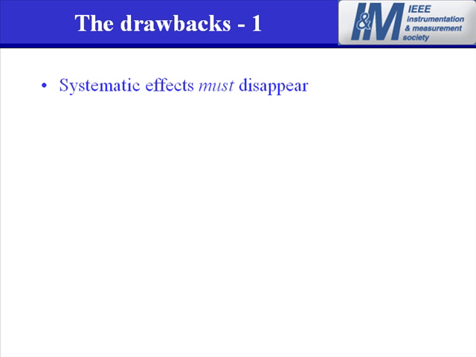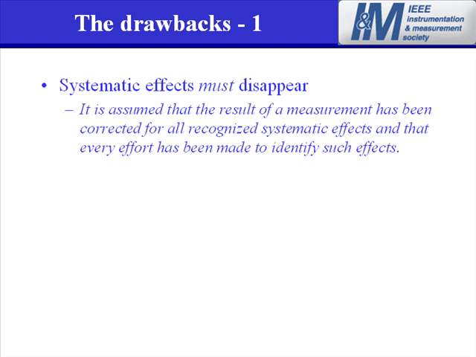So, the first tribute to pay to this approach is that the systematic effects must disappear. This is clearly stated in the GUM. Let's read it. It is assumed that the result of a measurement has been corrected for all recognized systematic effects, and that every effort has been made to identify such effects.